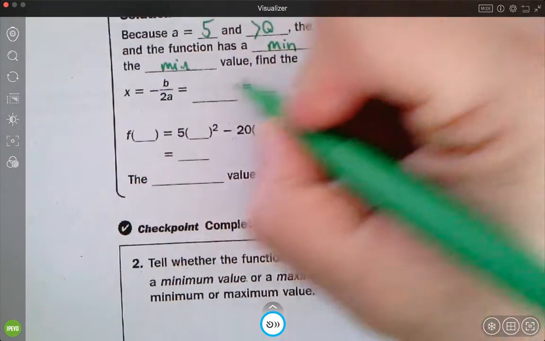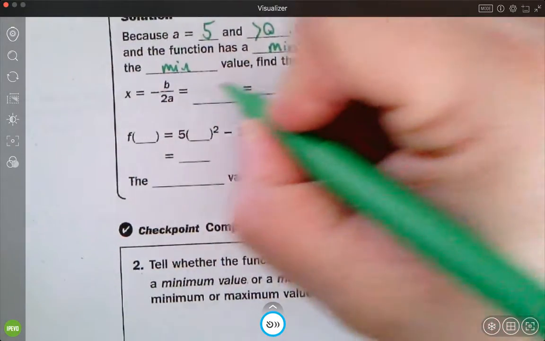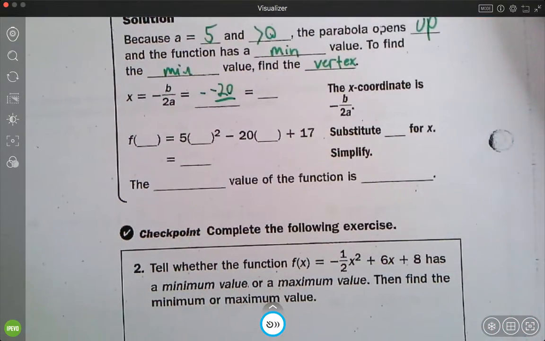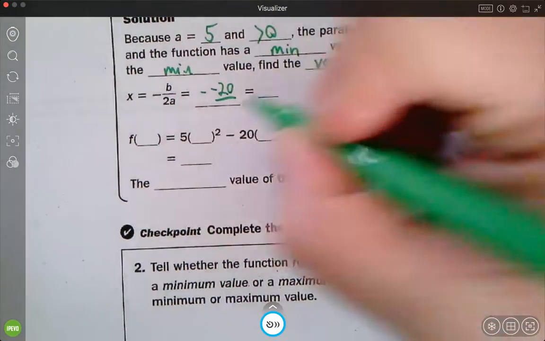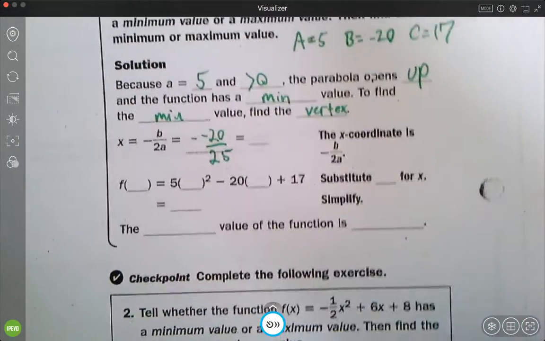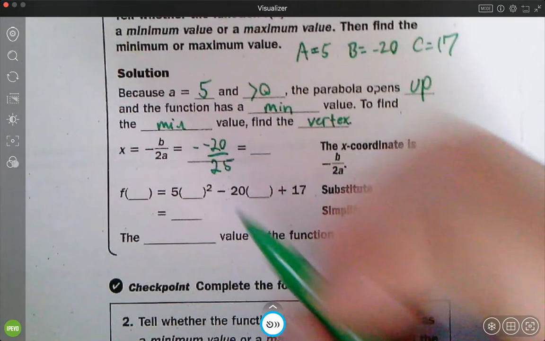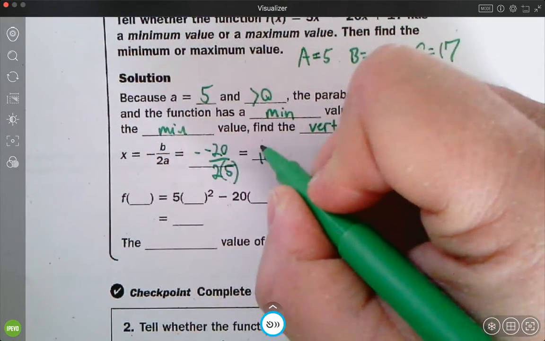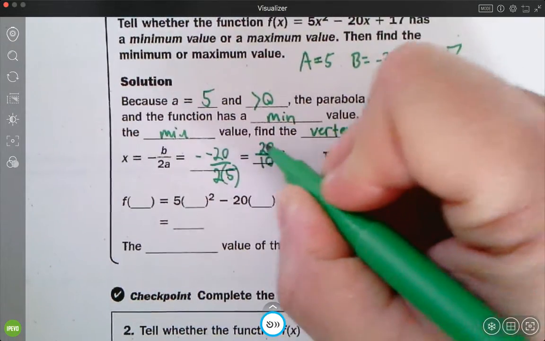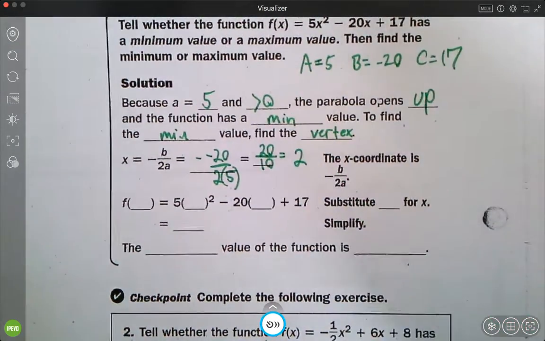Negative b, so negative negative 20, over 2 times a, 2 times 5. Okay, I'm just plugging those numbers in. 2 times 5 is 10, and negative negative 20 is positive 20, and 20 divided by 10 is 2 again.